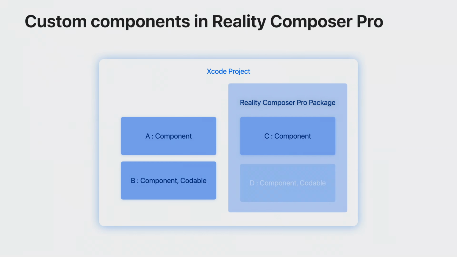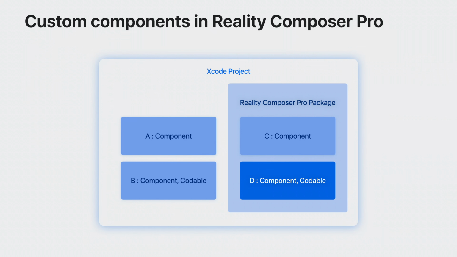Reality Composer Pro automatically builds the component UI for you based on what it reads in your Swift package. It inspects the Swift code in your package and makes any codable components it finds available for you to use in your scenes. Here, we're showing 4 components. Components A and B are in our Xcode project, but they are not inside the Reality Composer Pro package.